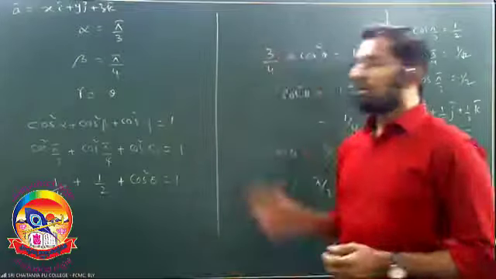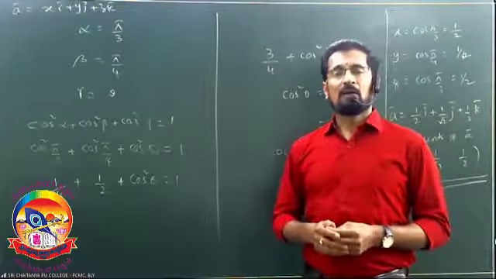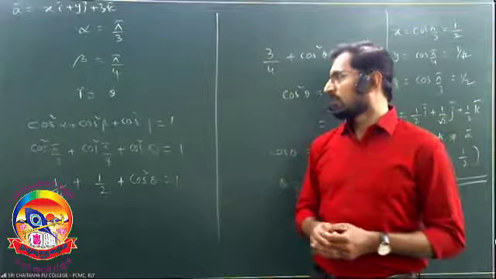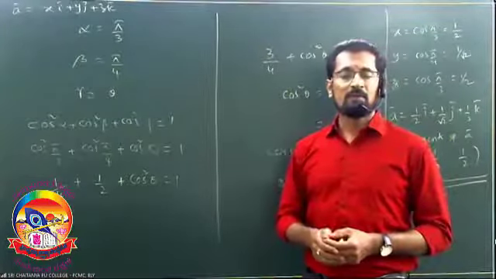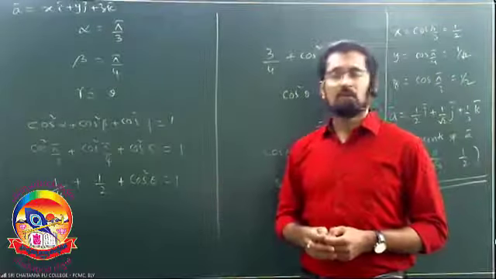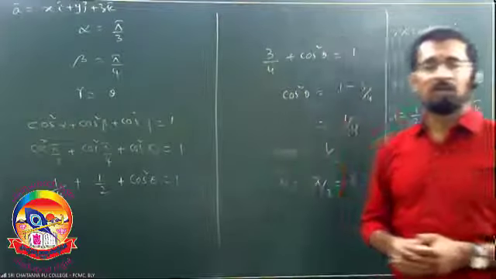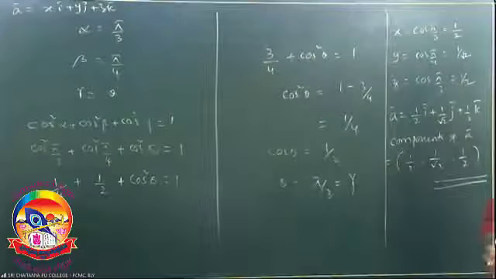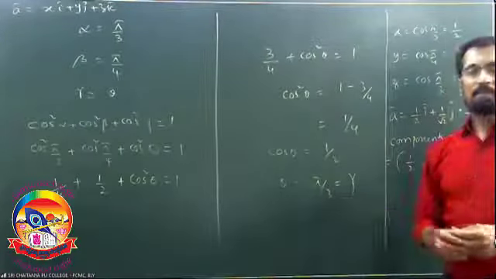Now, we have one fundamental identity: cos square alpha plus cos square beta plus cos square gamma is equal to 1. I substituted all the values here, where I got theta is equal to pi by 3. That means cos theta is equal to 1 by 2, where theta is equal to pi by 3.